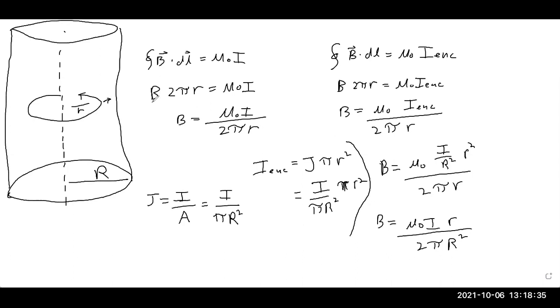So the magnetic field gets stronger as it expands outwards until it reaches the edge, and then it's going to fall off because it's not enclosing more current, but it's still getting a larger and larger perimeter. So mathematically, same form as you'd get from Gauss's law for a cylinder of charge.